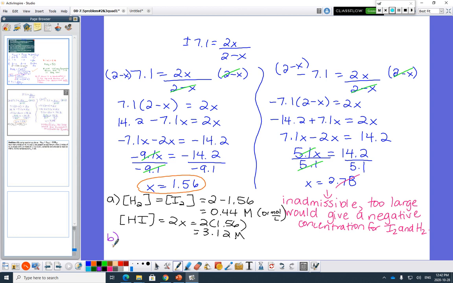Again, you don't always have to go back to moles, but B says change H2 and I2 back into moles, like how many moles are left. I'm going to put more than one equal sign on a line. I apologize. So we have the molarity. You just multiply, I think the volume is 0.5, and that's it.